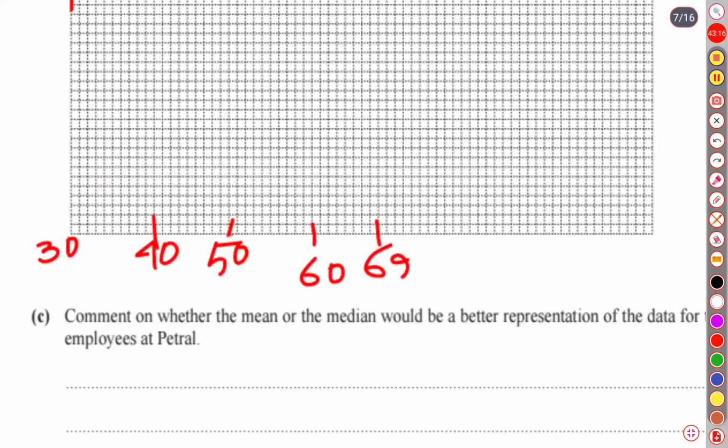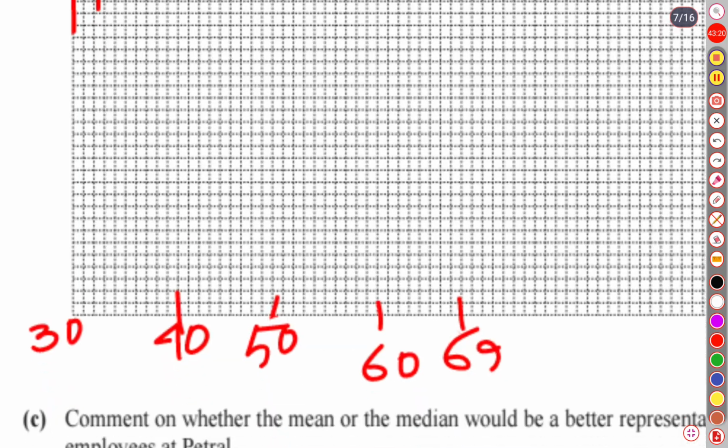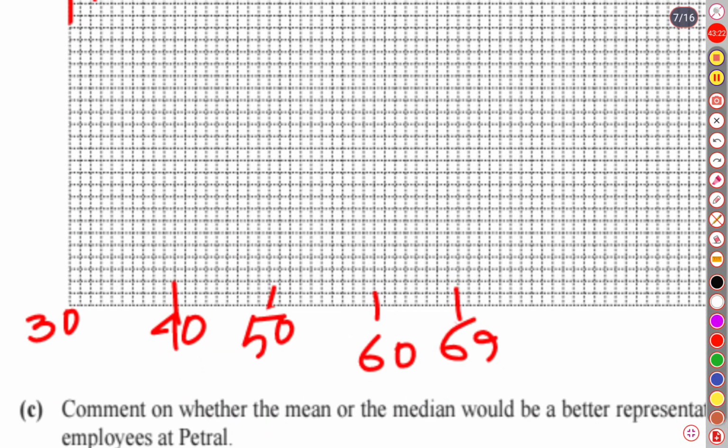So it is less than 40. So it may be 31. Let it be 31. Suppose this is 31, then what will happen? It is going to be 32. This is 32.